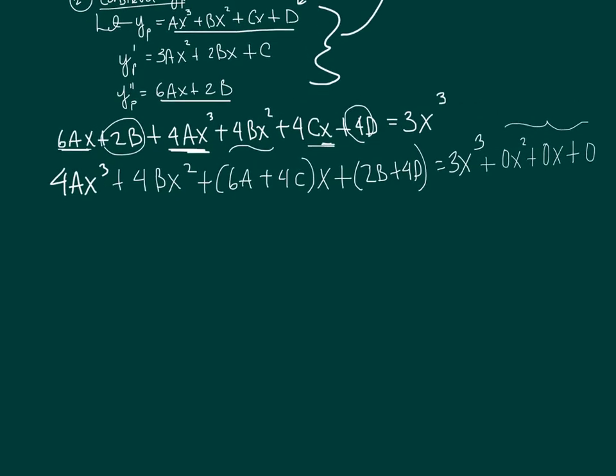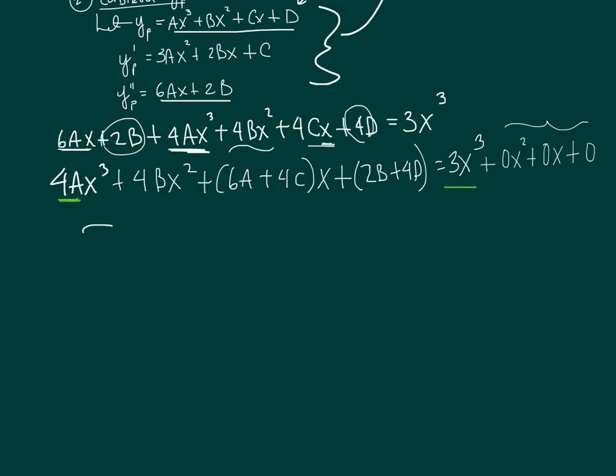Okay, so let's use light green here. So I have 4ax cubed and 3x cubed. Well, if all of this is supposed to be equal to all of this, right, a polynomial equals a polynomial, then these guys should be equal.